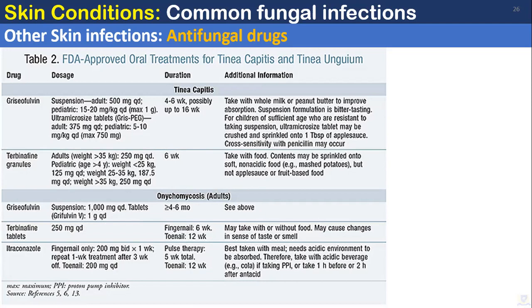Terbinafine could also be used for treatment of onychomycosis for about 6 weeks to 12 weeks. Itraconazole is another type of oral antifungal agent, could be used for fingernail onychomycosis. Dose 200 milligram BID for 1 week, repeated for an additional 1 week of treatment to ensure the eradication of fungi.